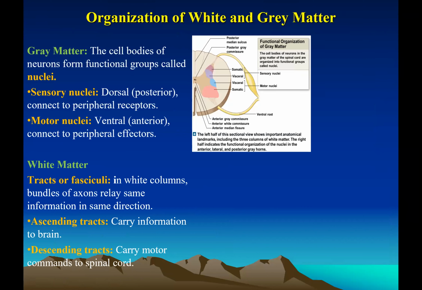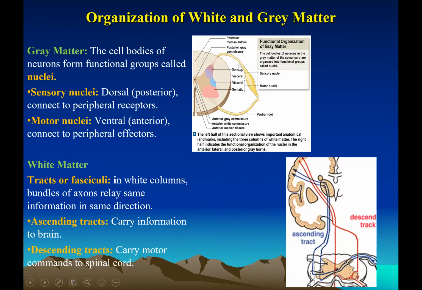If you see the gray matter, you see the somatic nuclei and the sensory nuclei bringing in sensory information. Either it can be somatic or visceral. And the motor nuclei, again, can be either visceral or somatic. Here there is a grouping of the gray matter cell bodies to form functional groups.